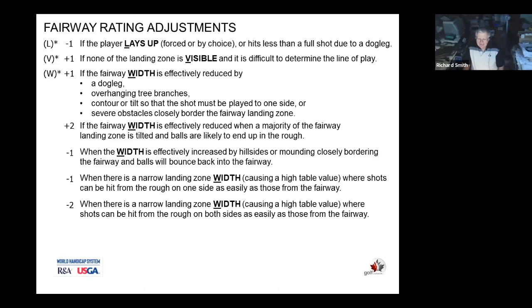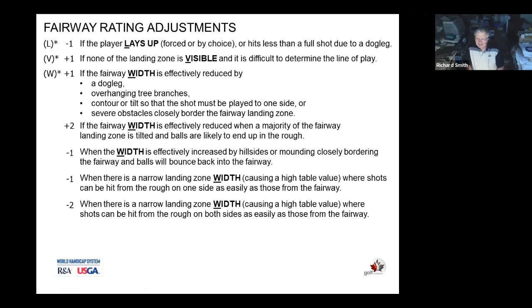Shots can be hit from the rough on both sides as easily as those from the fairway. This is one of the changes for this round. It used to read this one as just W-1 or -2 and didn't say much more about it. But they are now saying, here's how you should decide between the -1 and the -2.